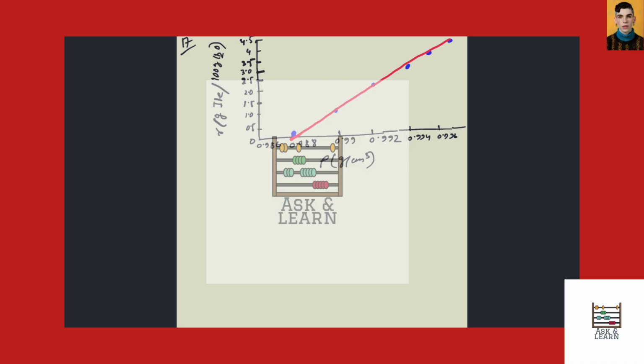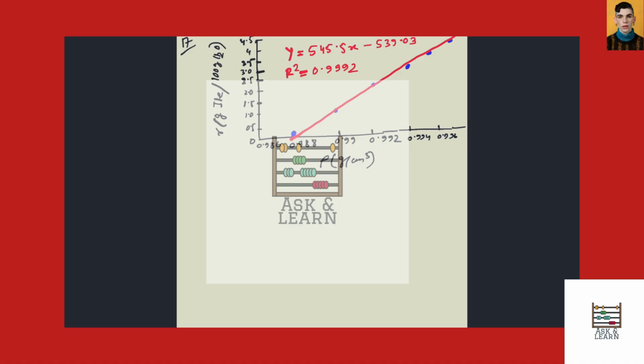And we will get a straight line, and the straight line will have this equation: y equals 545.5x minus 539.03. So here the slope is 545.5 and the intercept is negative 539.03, and the R squared is 0.9992.